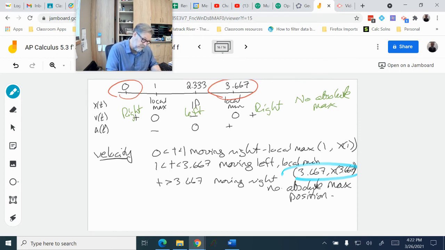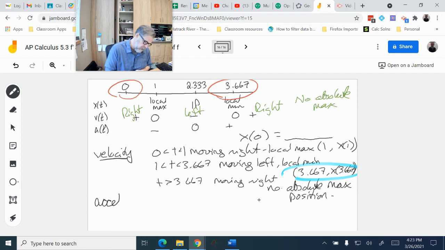And if it's less than 0, then that's the absolute minimum. But let's be careful there, because we also have an initial position at time 0, which we would have to calculate. So one of those will be an absolute minimum, and one of them will be a local minimum.